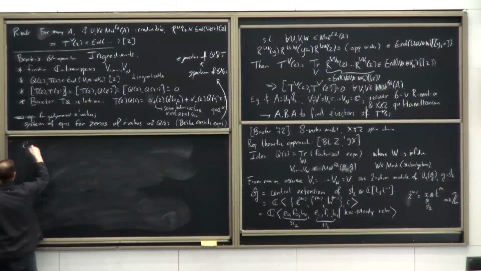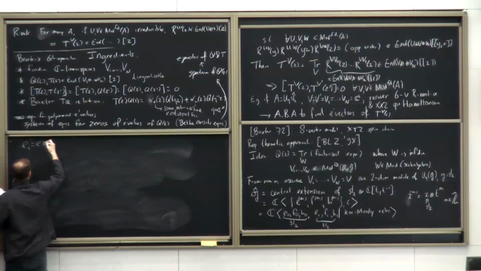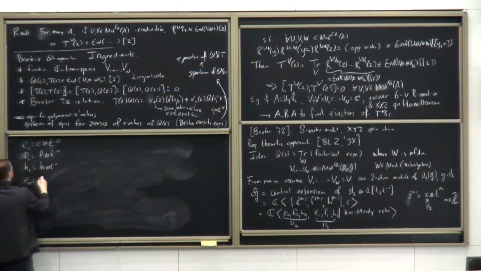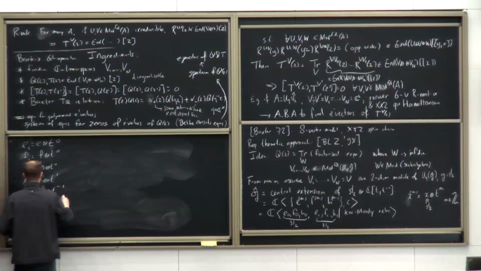So E1 is simply E tensor t to the 0. F1 is F tensor t to the 0. H1 is H tensor t to the 0. And then for the ones with label 0, we swap the role of E and F, and we have different powers of t, and this final H0 is basically the central element minus H1.